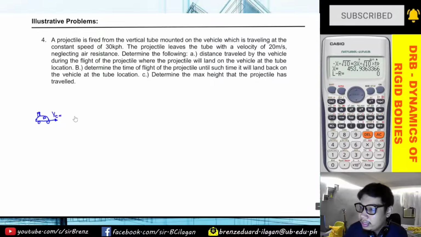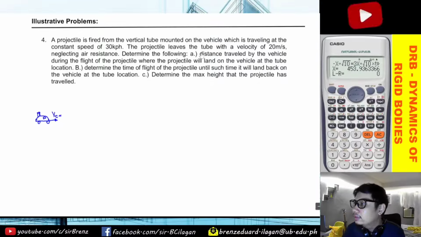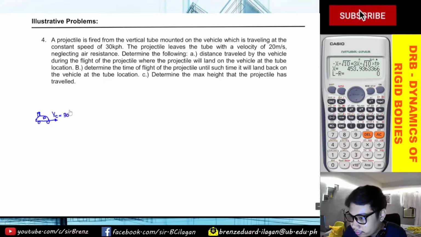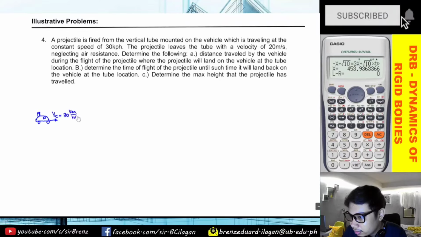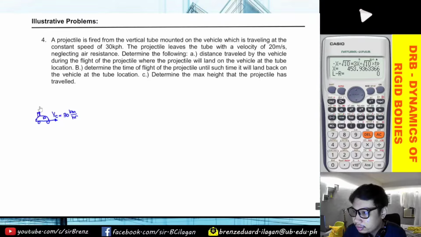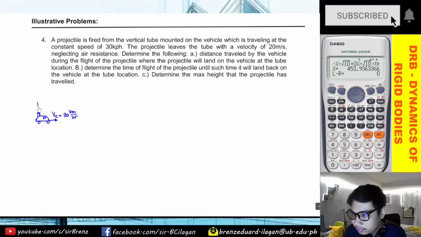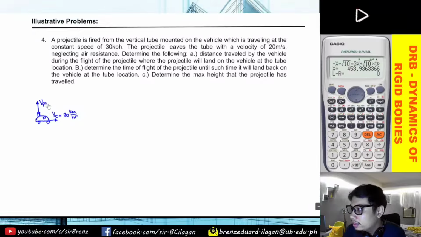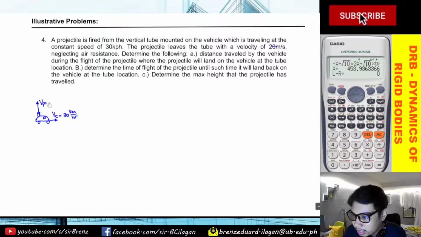So the car is traveling at a constant speed of 30 kilometers per hour. Ayan. And then, nung tumatakbo siya, may pinutok siya dito or a projectile is fired from the vertical tube. So this is vertically upward. So yung velocity ng projectile, so pangalanan na lang natin as v sub p. Velocity of 20 meter per second.